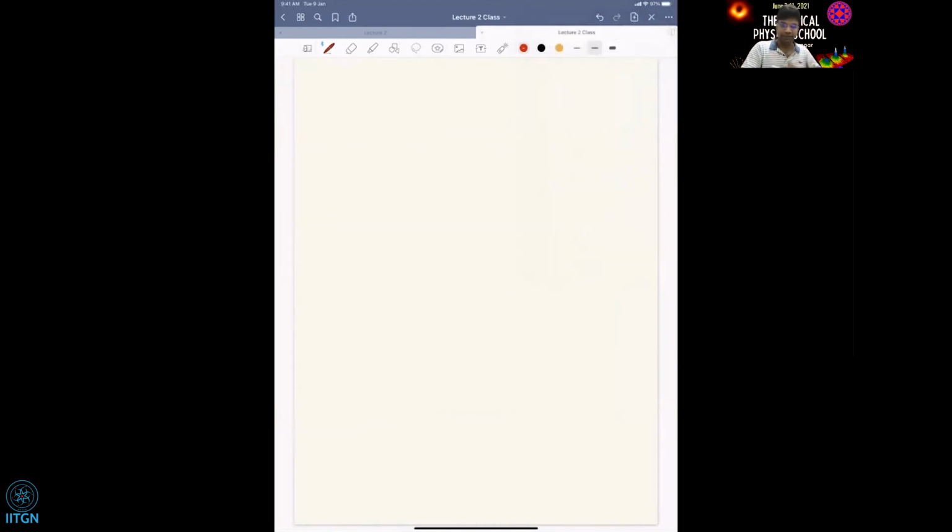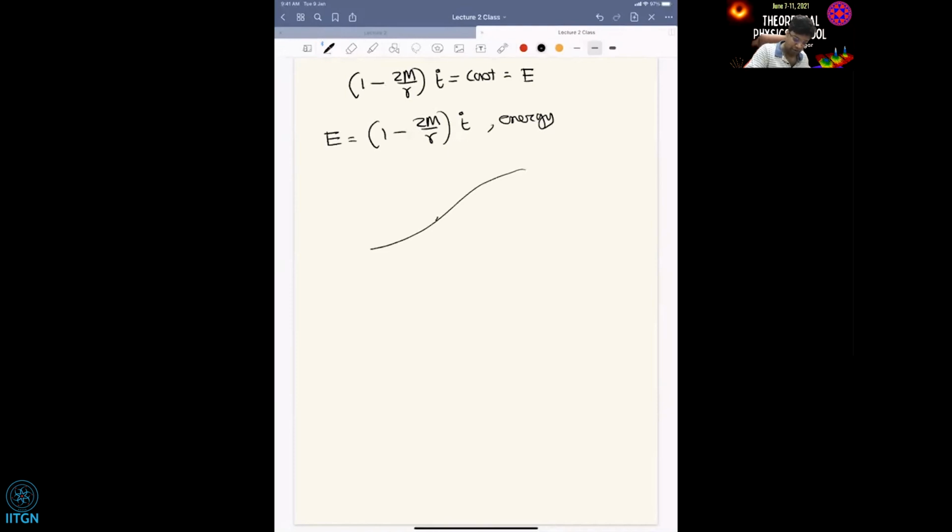We generally take away the factor of 2 just to relate it to the conventional expression for energy. So we'll call it (1 minus 2m by r) t dot equal to constant, and that constant we call E. So E is the energy. Now note that if the particle is moving on a curve, let's say x alpha as a function of tau, r is changing because it can decrease or increase.